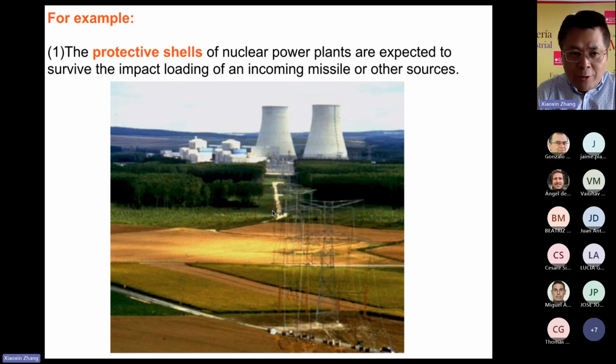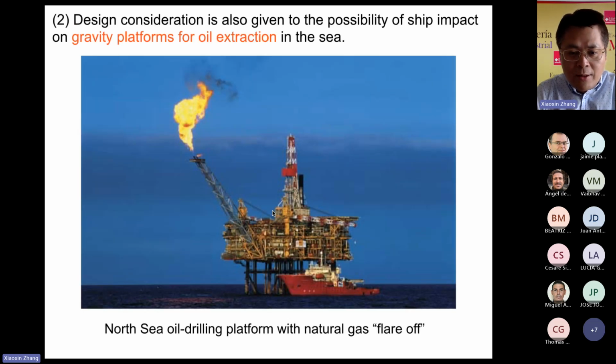So why do we need to study this? Here I just want to show some examples. This photo shows the protective shells of nuclear power plants, which are expected to survive the impact loading of an incoming missile or other sources. In the next example, design consideration is also given to the possibility of ship impact on gravity platforms for oil extraction in the sea.